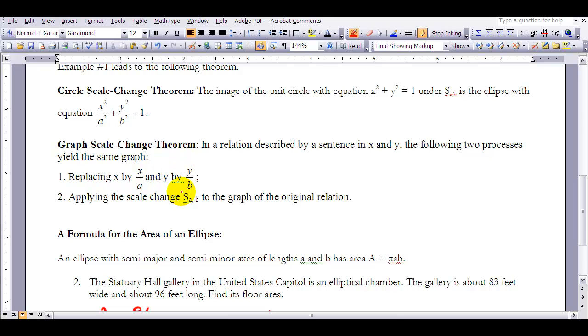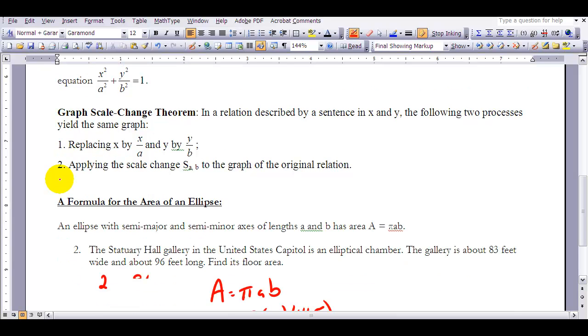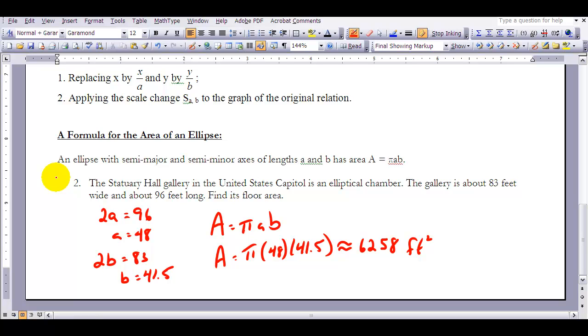Okay? So applying a scale change of a, b has the exact same effect of doing what I did here in number 1. Okay? Now, the next thing that we have is a formula for finding the area of an ellipse.